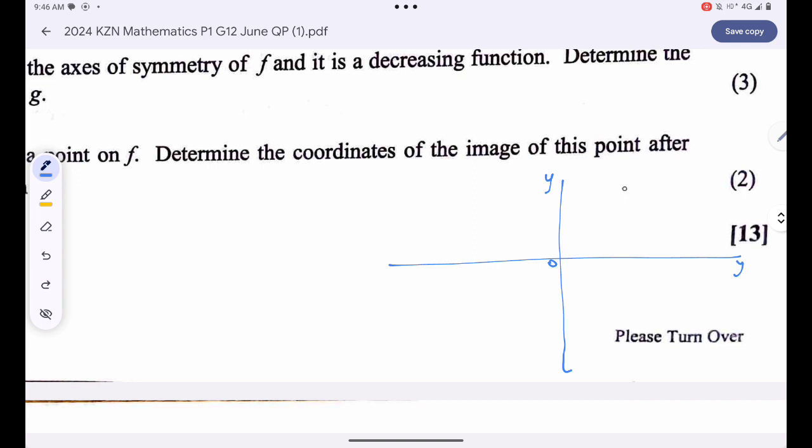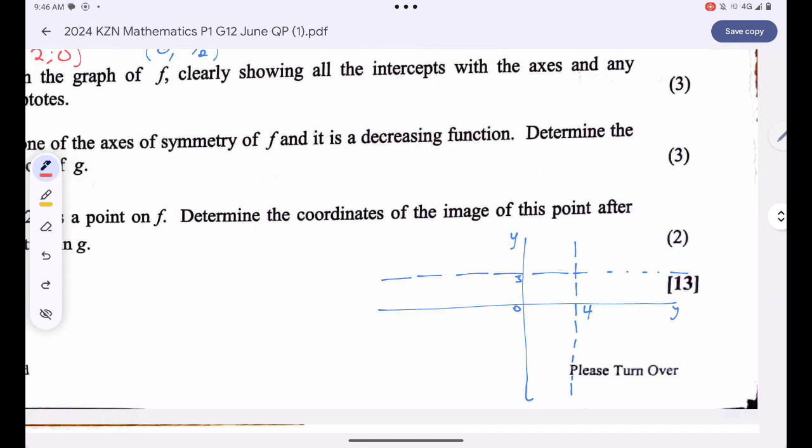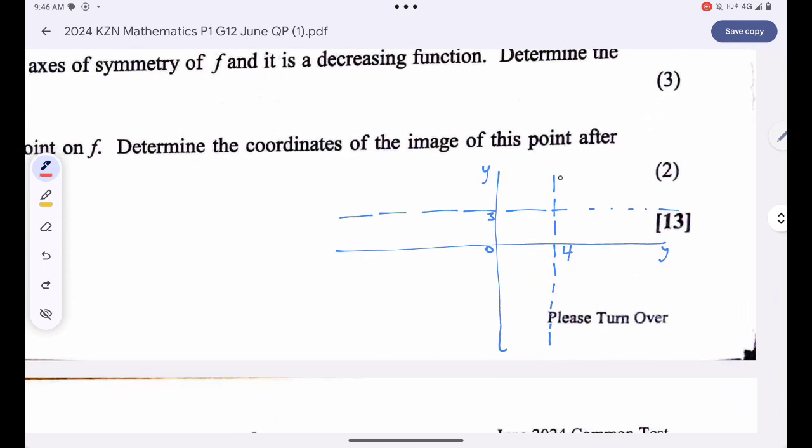I was told that the x value is equal to 4, so this will represent 4, and that over there will simply represent 3. I know that since the value of a is positive, my graph should be in the first and third quadrant of my asymptotes. So my graph should just be like this.